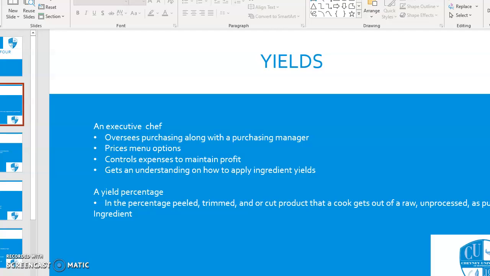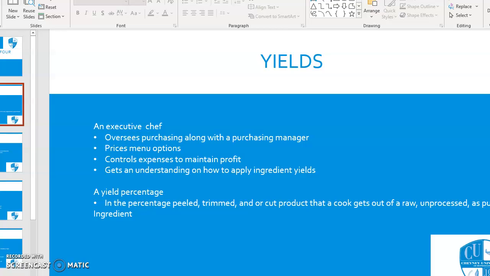So, as I mentioned about yielding, when you reduce something, consider the yield percentage. You're either peeling, trimming, or you're cutting away from the product. So, you have the original form of the product, okay?